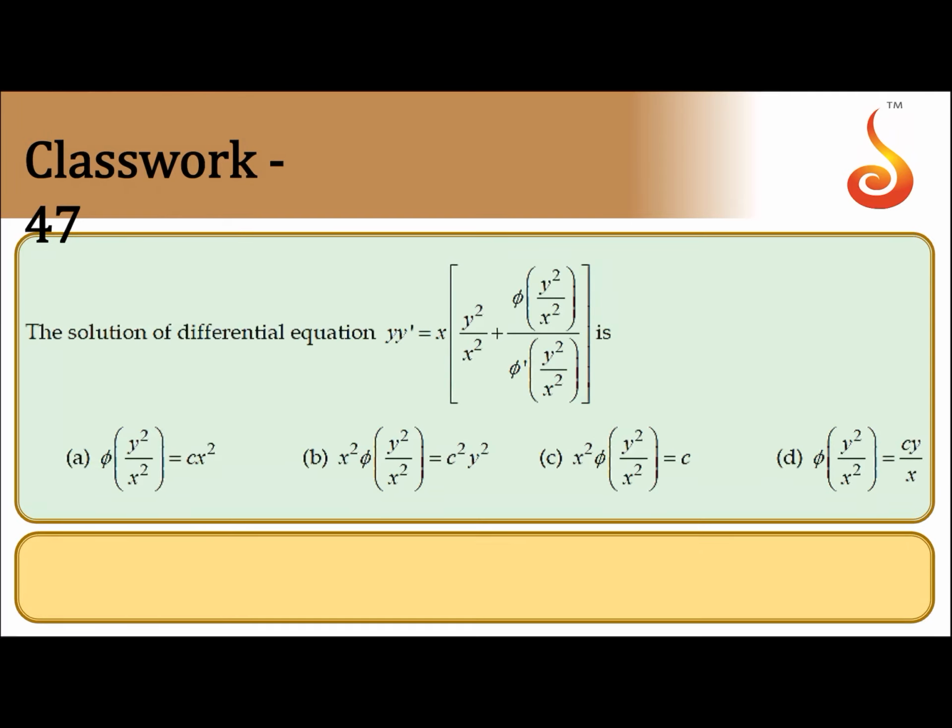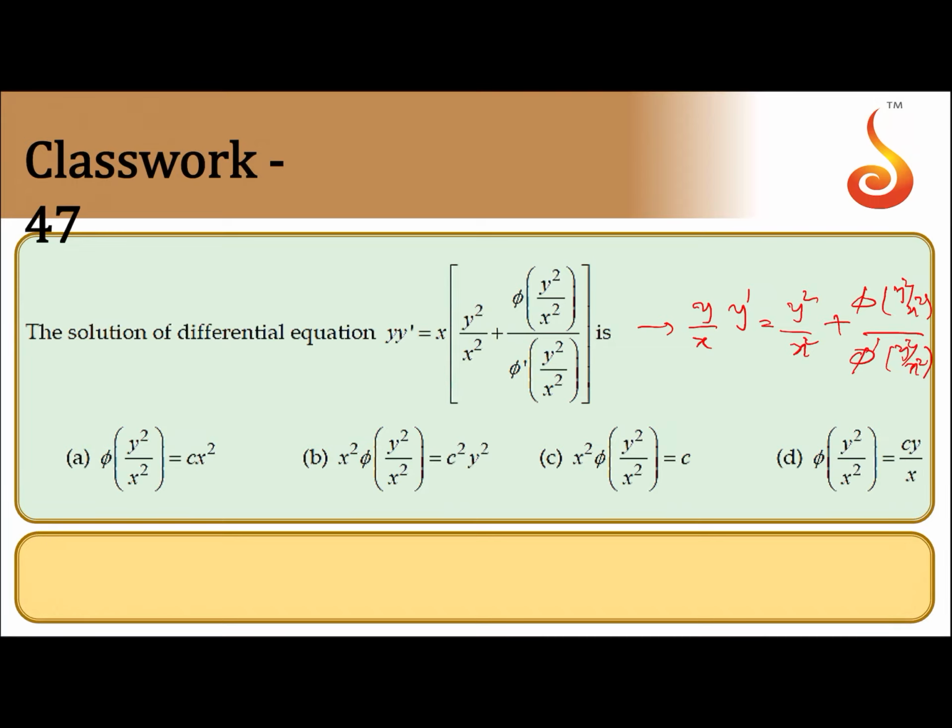Coming to the next one, the solution of the differential equation. Of course, it will be easy if you rewrite this one as y by x multiplied by y dash is equal to y square by x square plus phi of y square by x square divided by phi dash of y square by x square.